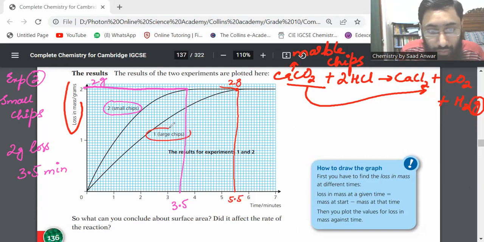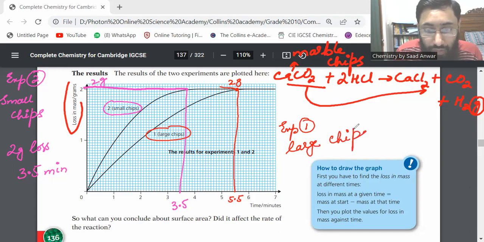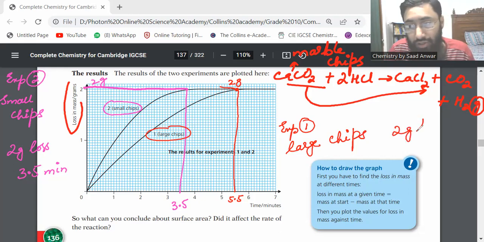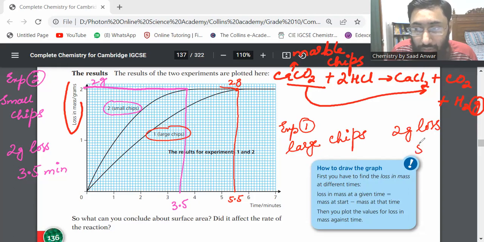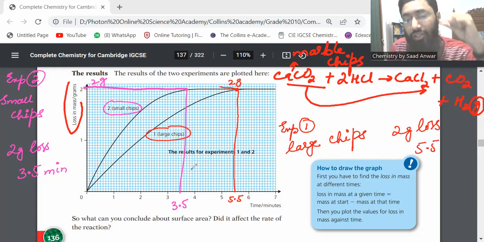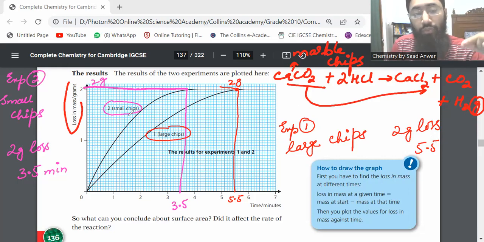So in experiment 1, where we are using large marble chips, for 2 gram loss, time taken will be 5.5. It means the reaction is faster when we use small chips, because small chips mean more surface area.